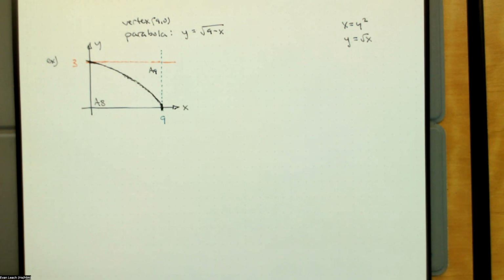So we know that out of the 27, A8 is going to be 18, and A9 is 9. Oh, that worked out.